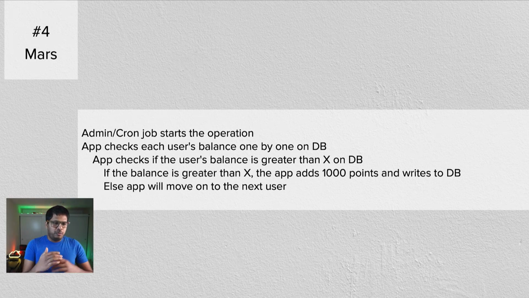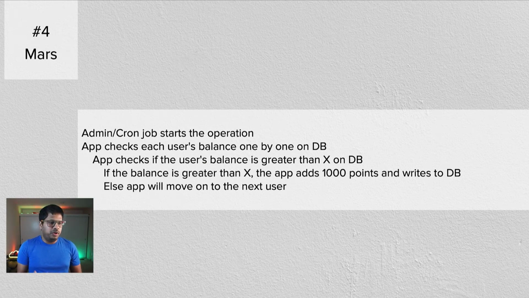So this is how it will be in real life if it were to happen. An admin will be kickstarting this operation, or a cron job will be kickstarting the operation. The app will check each user's balance one by one on the database. The app will check if the user's balance is greater than a particular amount, which is 1,000 or 2,000, whatever it can be.